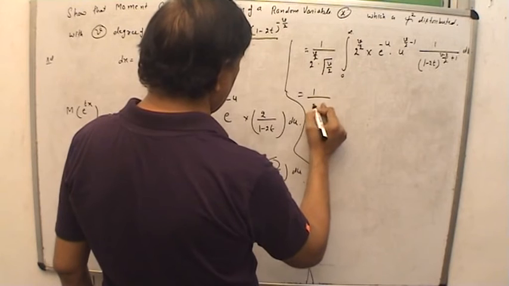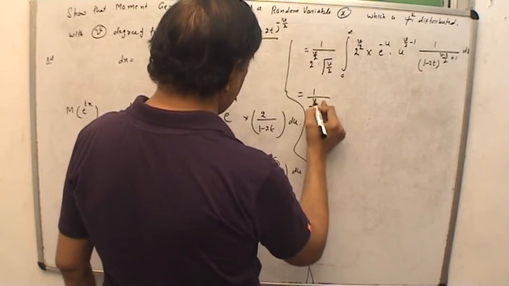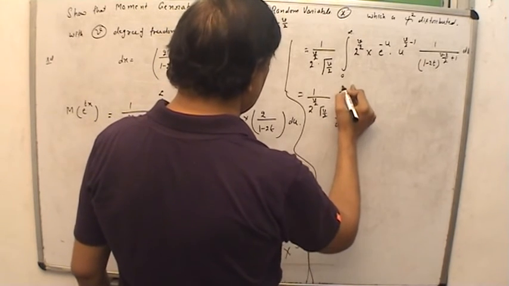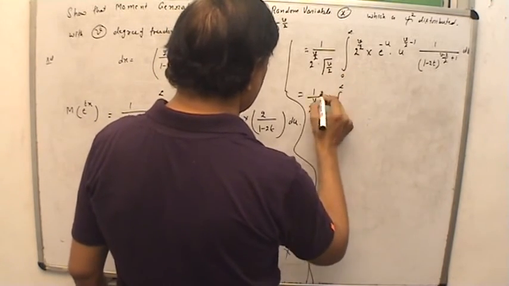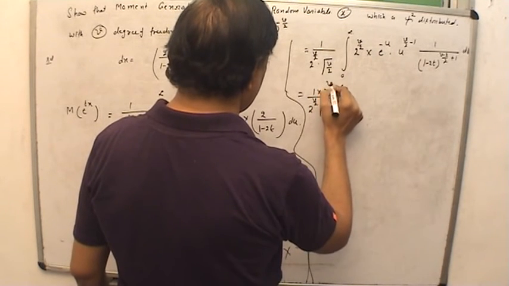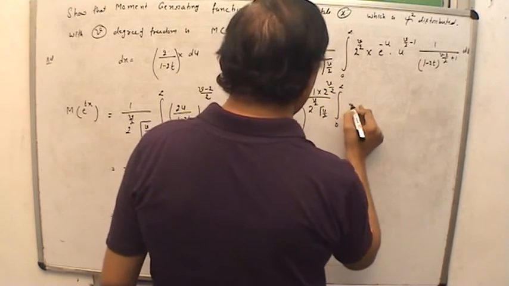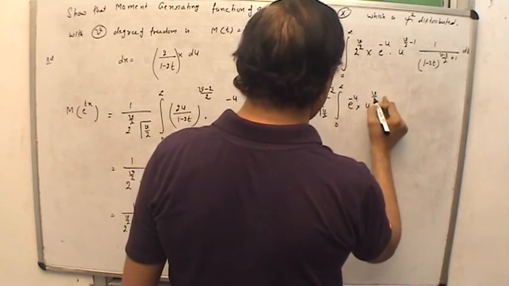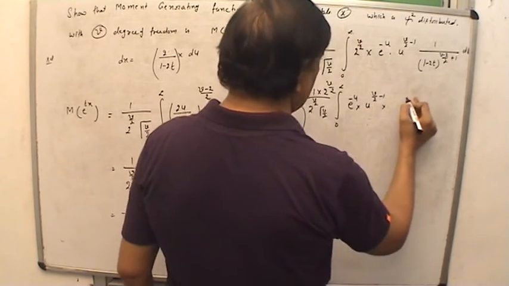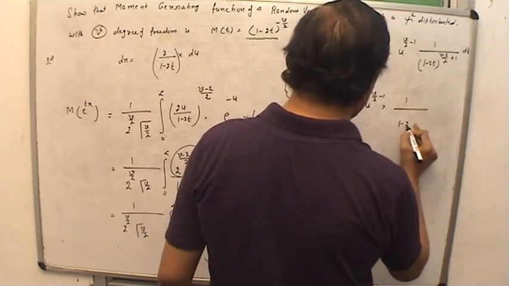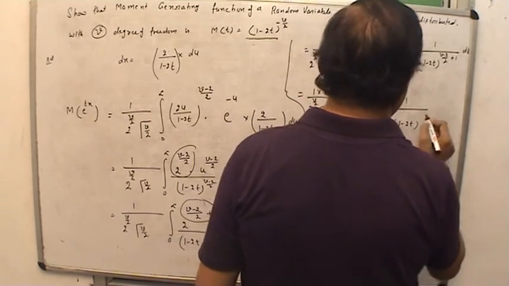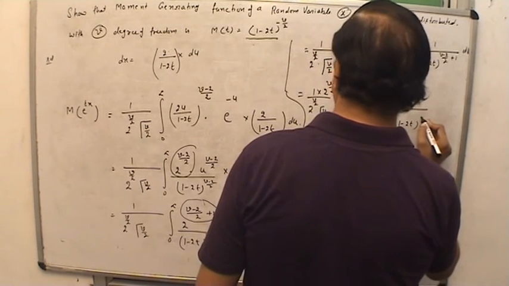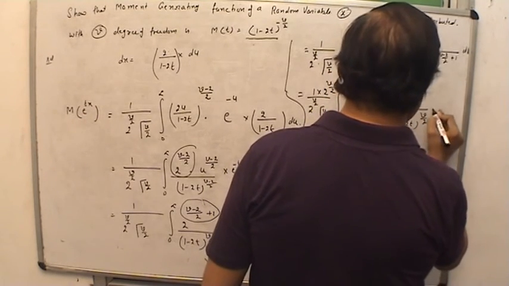That is equal to 1 upon 2 raised to the power v by 2 gamma function v by 2, from 0 to infinity. We take it outside, into 2 raised to the power v by 2, e raised to the power minus u into u raised to the power v by 2 minus 1 into 1 upon 1 minus 2t raised to the power v by 2, with respect to u.